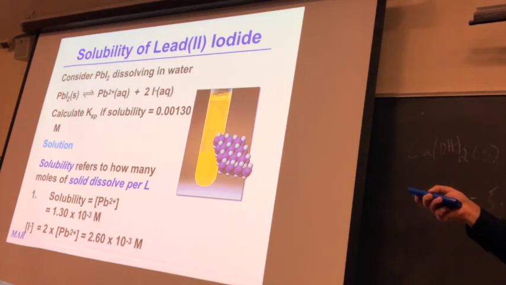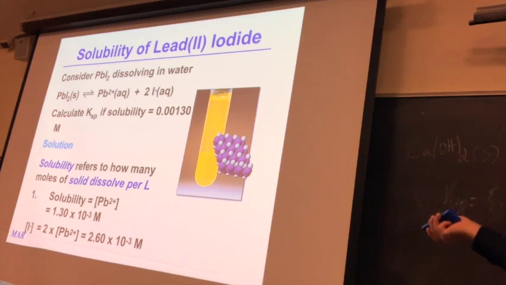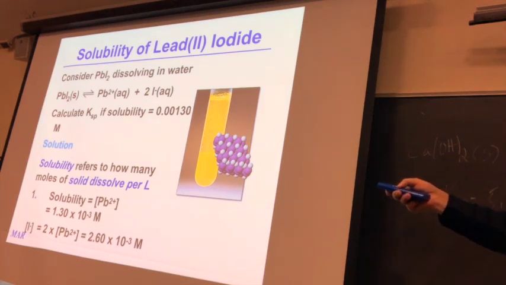So this number says that you have 0.00130 moles of PbI2 dissolving per liter. That happens to be the same as lead because of the 1-to-1 stoichiometry, and it'll be twice that number for the iodide, 2 iodides for every 1 PbI2. So this number times 2 will be the solubility of the iodide. Questions?